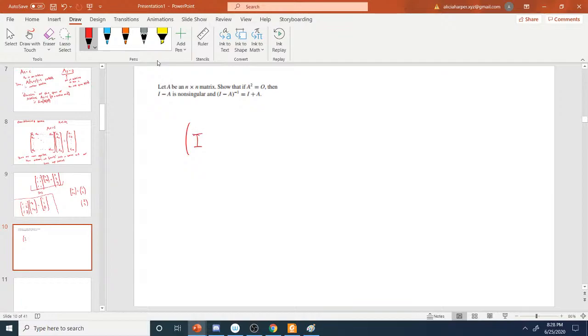Suppose we take I minus A, and remember here that I is the identity matrix, and we multiply it through by I plus A. Well, matrix multiplication is distributive, so this is going to be the same thing as I squared, minus A times I, plus A times I, minus A squared.